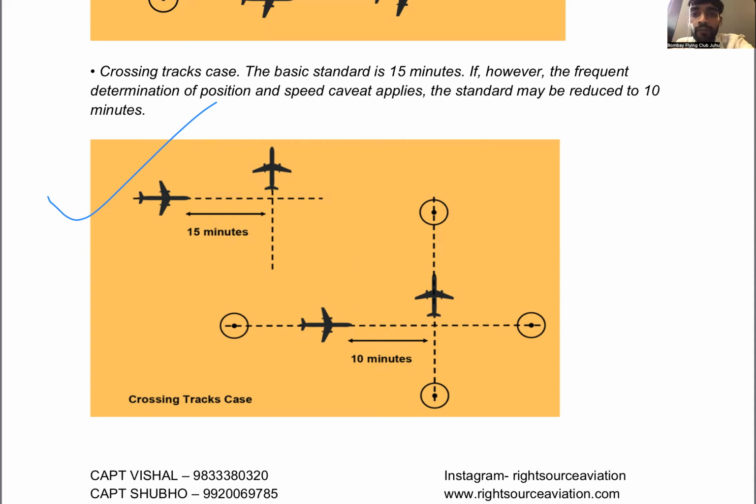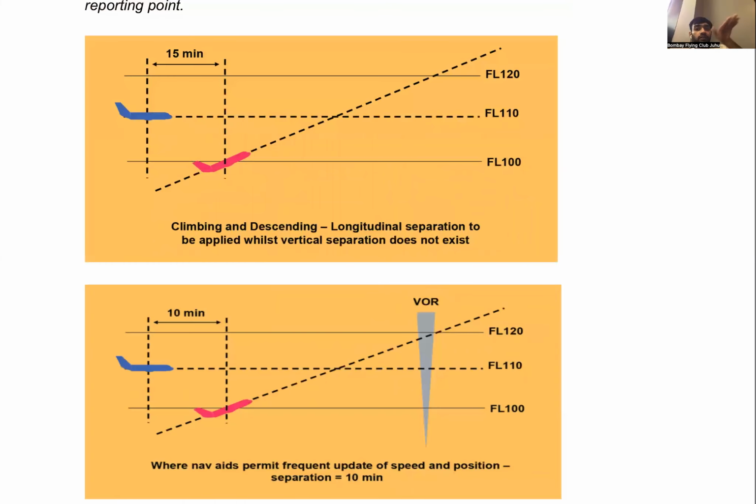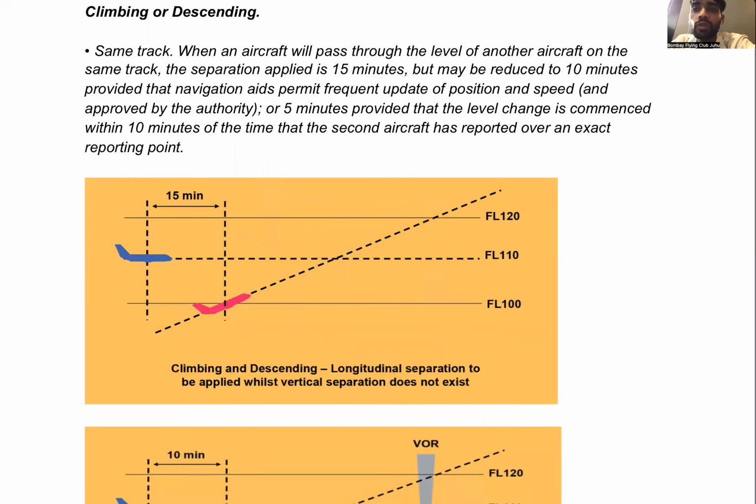Okay. Now, within same track there is one more combination, known as climb and descent traffic. It is still the same track, right? Okay. So for same track traffic, climb and descent separation should be such that when an aircraft passes through the level of another aircraft, meaning you see a pink aircraft and a blue aircraft, whenever the pink aircraft crosses the level of the other aircraft, it should be 15 minutes away.